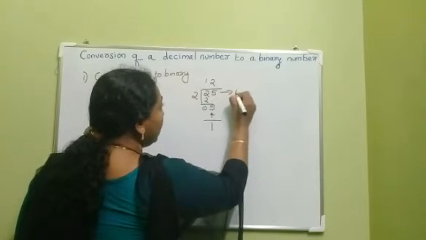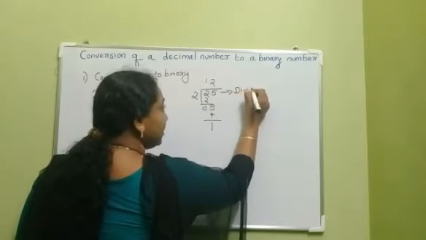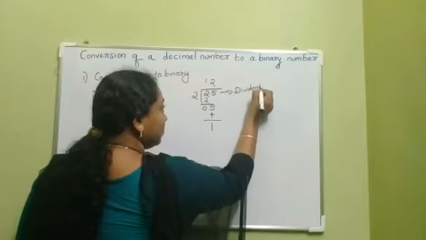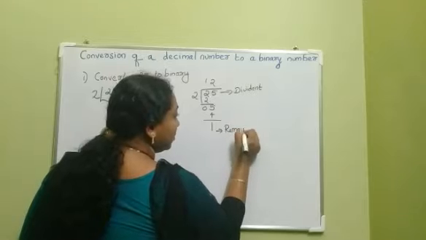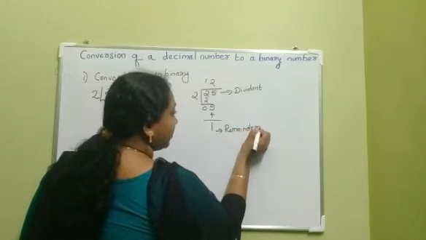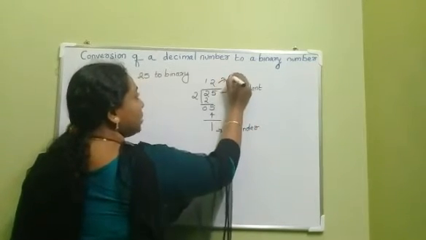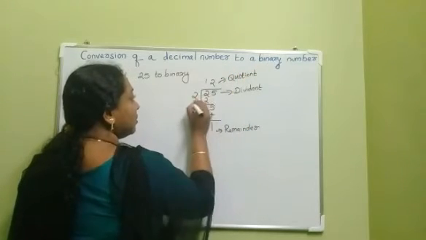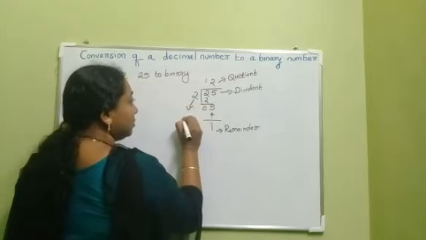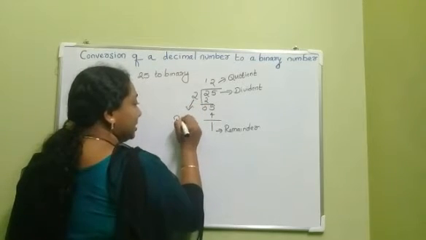This one denotes the dividend. This one denotes the remainder. This one is the quotient. This one denotes the divisor.